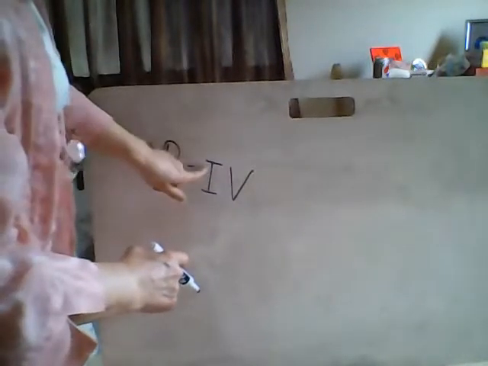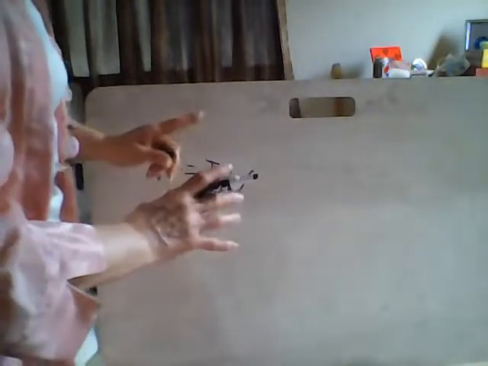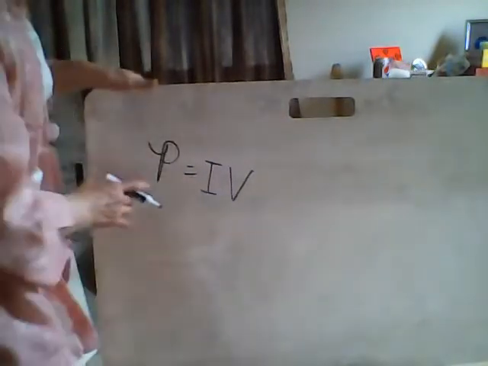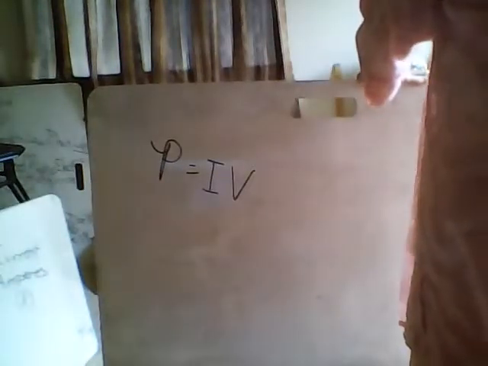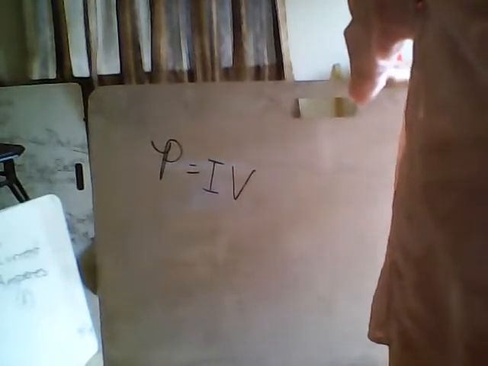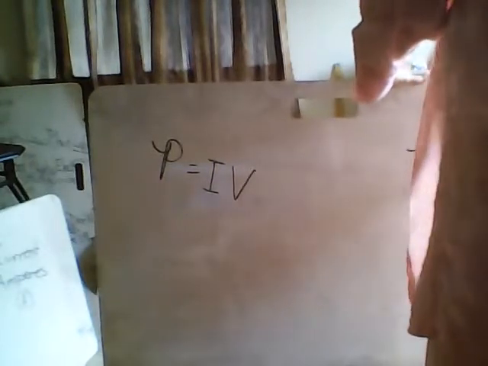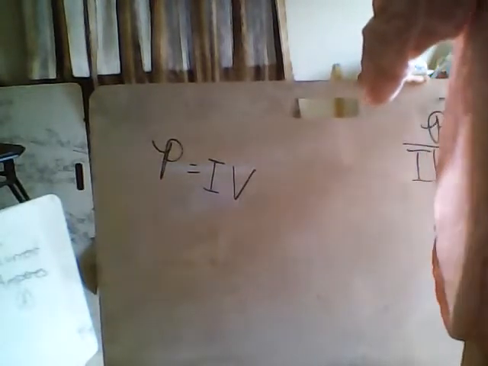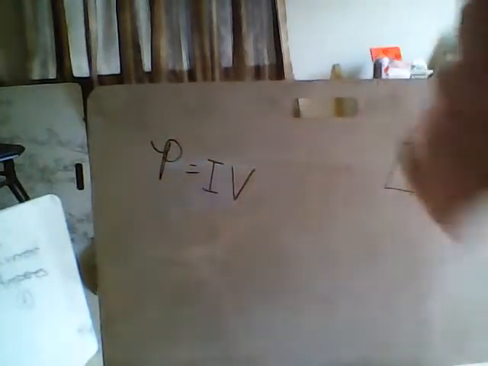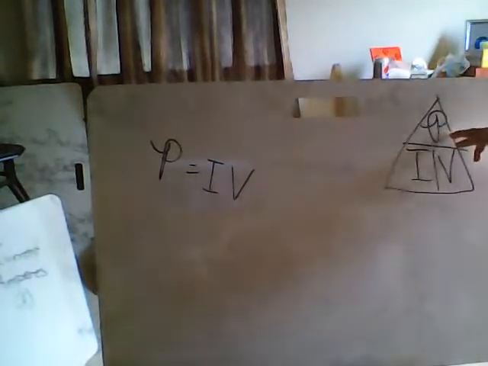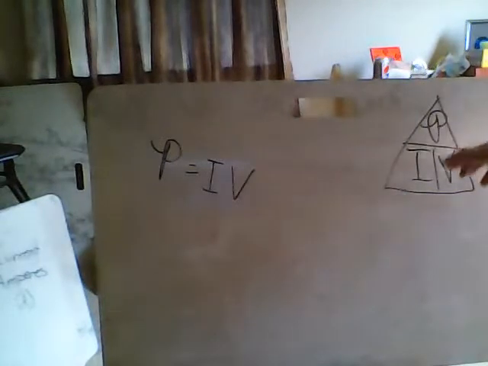Now, if we don't know current, but we do know resistance, we can go ahead and plug in. Let's see what we get for current when we use this pyramid. So we have power is equal to current times voltage.